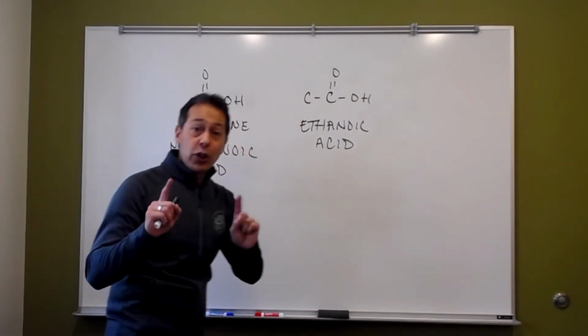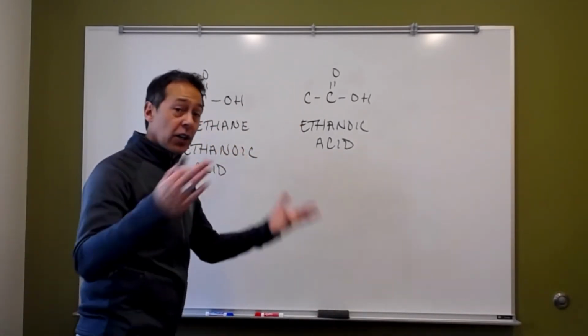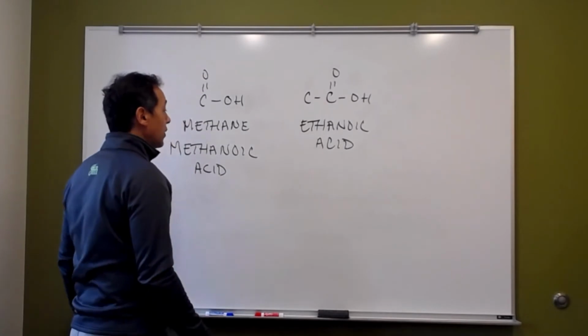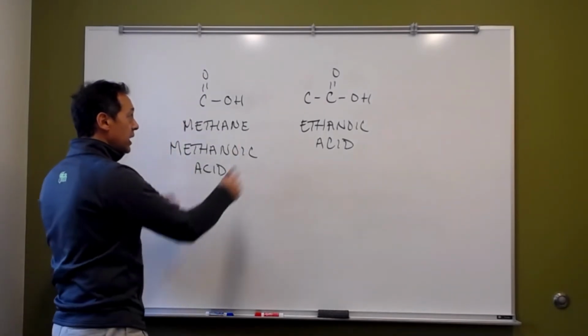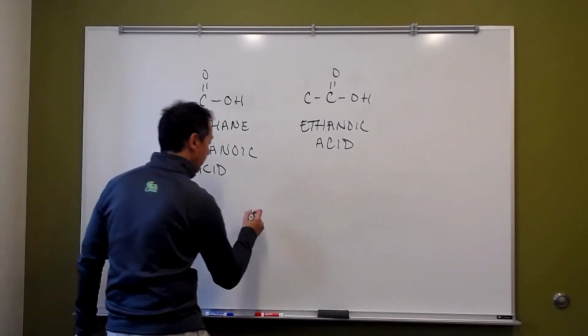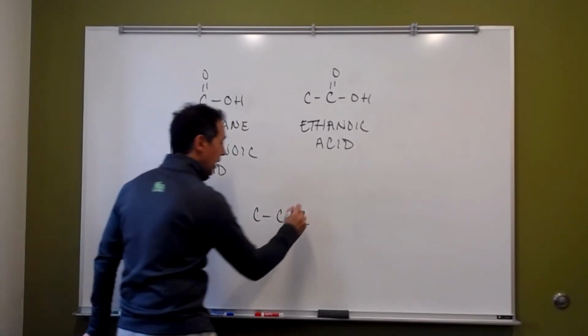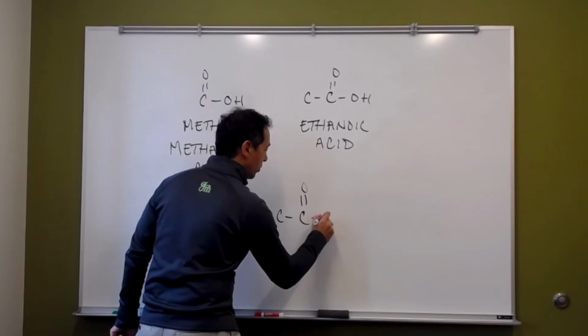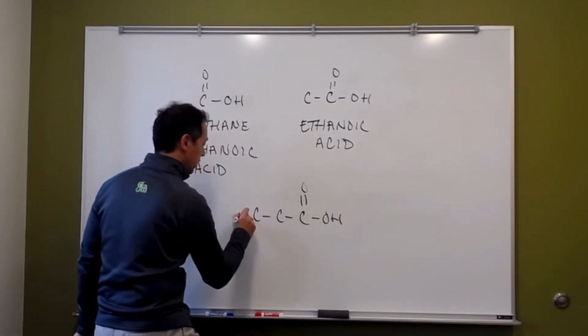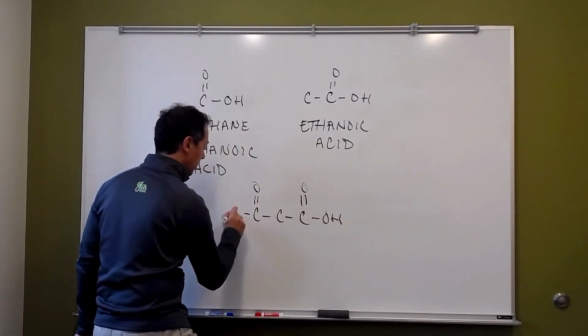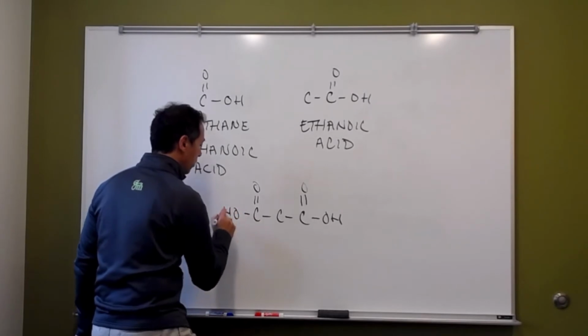Okay, now we could have dicarboxylic acids. If we had, say, 3 carbon atoms in a row, 1, 2, 3, like this, and then we put our carboxyl group here, and our carboxyl group here, like this. There's 2 of them here.